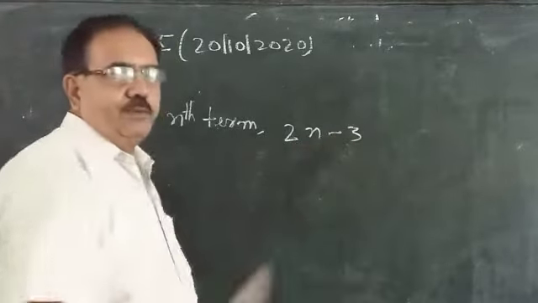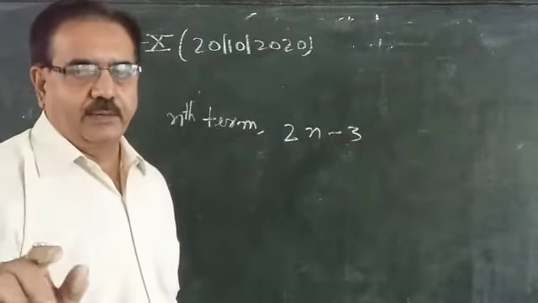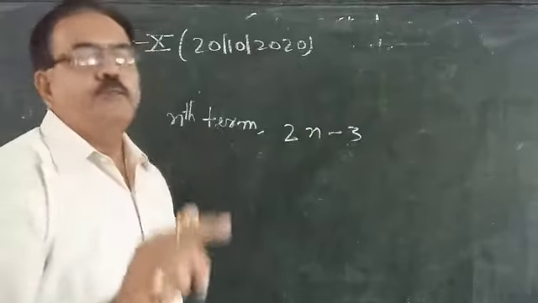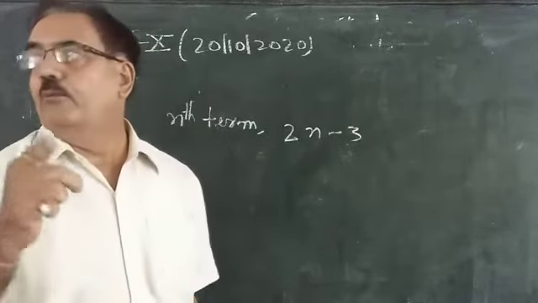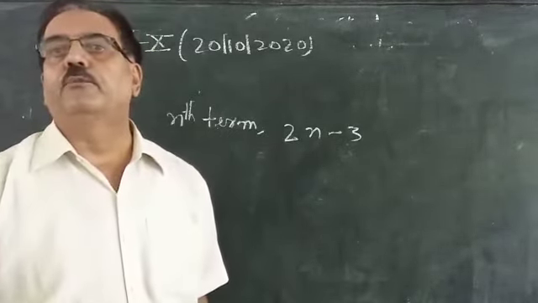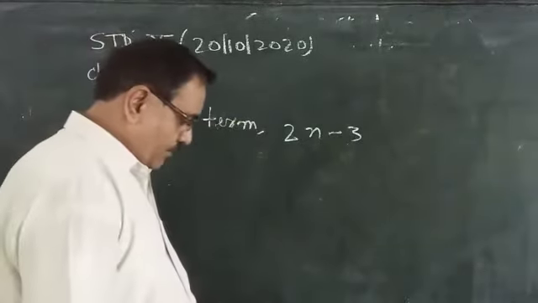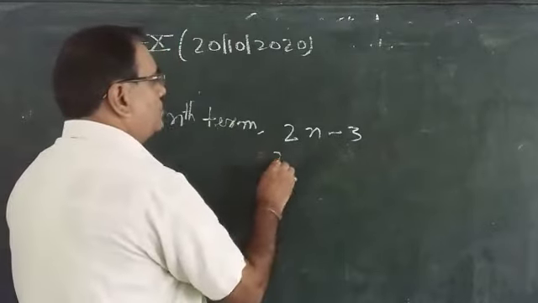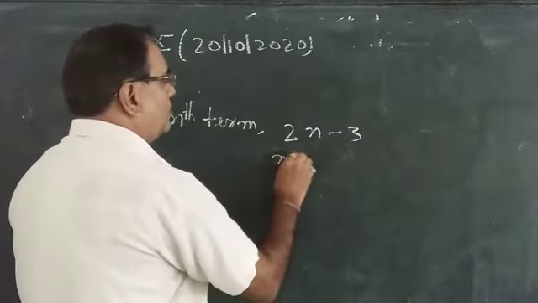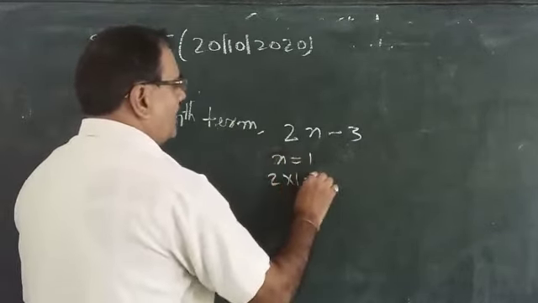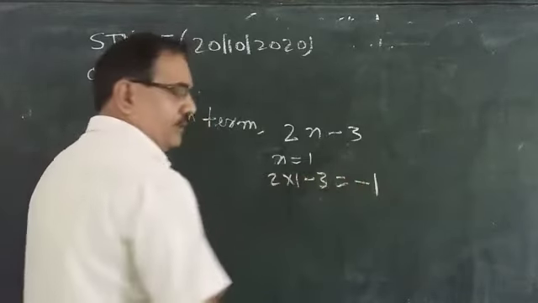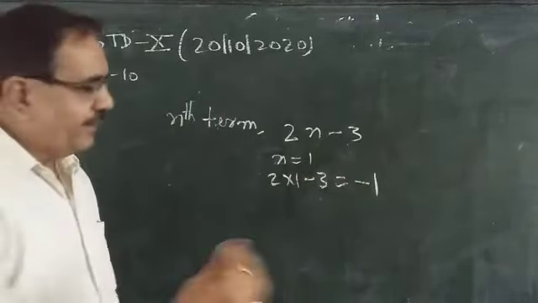When this type of question comes, do one thing, follow this pattern. Start putting the value of n as 1, 2, 3, 4, 5, 6. You will get the sequence. So when you put n is equal to 1, 2 into 1 minus 3 means minus 1.